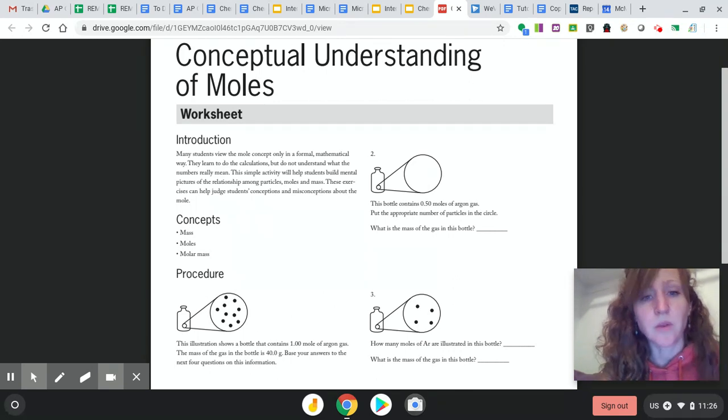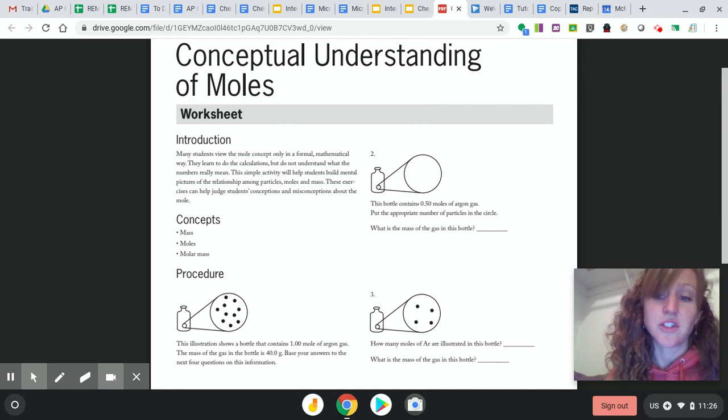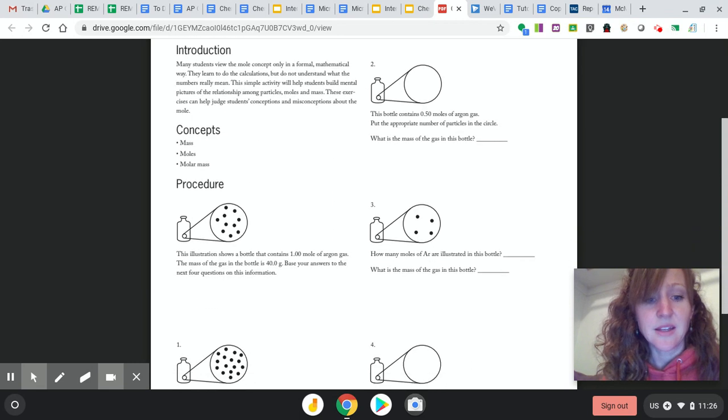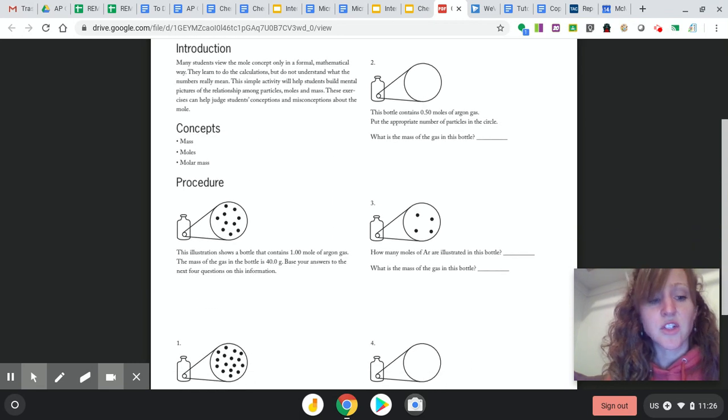So I want to walk you through how I would approach this worksheet. Basically, I just read the introduction to you, only I didn't read it. And then underneath the introduction, you can see concepts here and then a procedure. This is where they're giving you the information for your model.